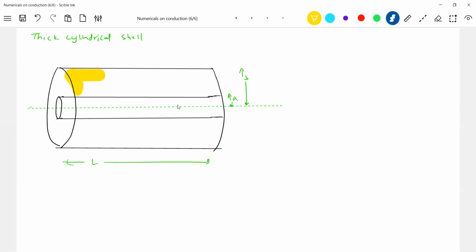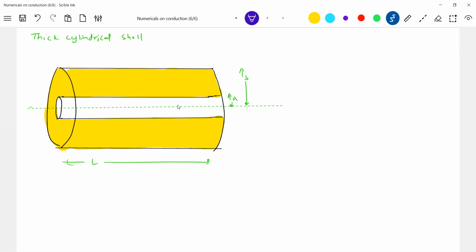Inside is air, outside will be air. This is the thick cylindrical shell.